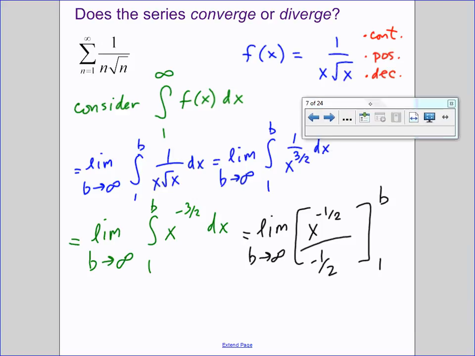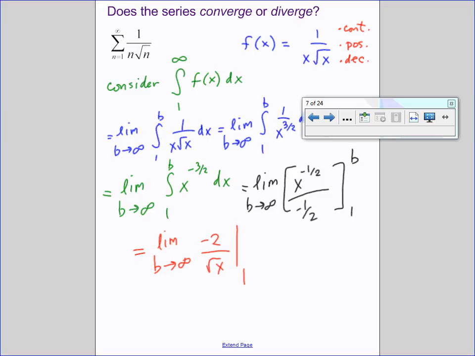So let's make this look a little bit prettier. We got x to the -1/2 on top. That's the same as 1 over x to the +1/2 on bottom. That's the same as root x on bottom. And we got -1/2 on bottom. -1/2 on bottom is the same as -2. So I'm getting a limit as b goes to infinity of -2 over root x, evaluated from 1 to b.